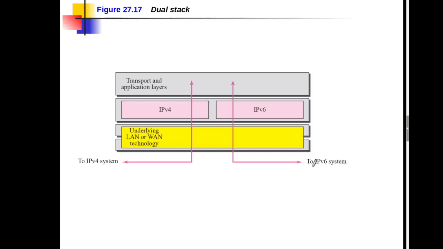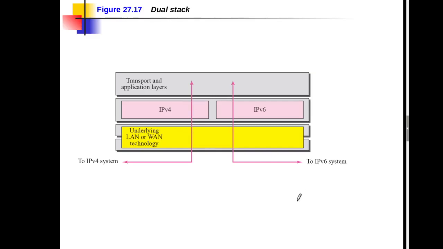As it handles IP version 6, it processes it with the IP version 6 software module, and where it encounters IP version 4, it works according to the IP version 4 module, right? So this is the dual stack.